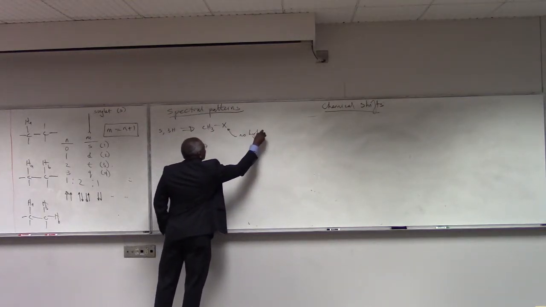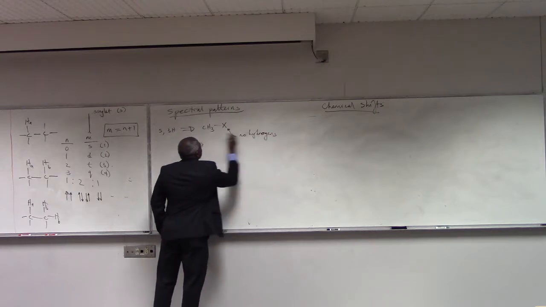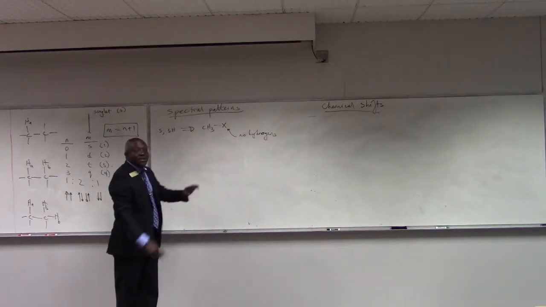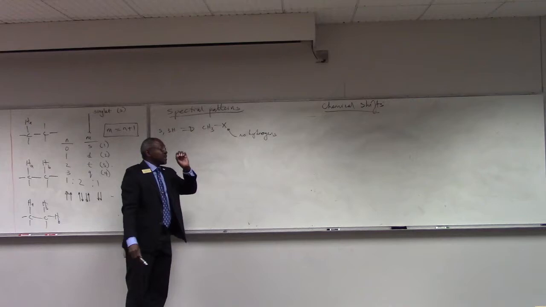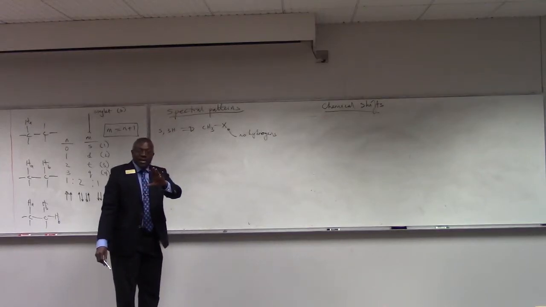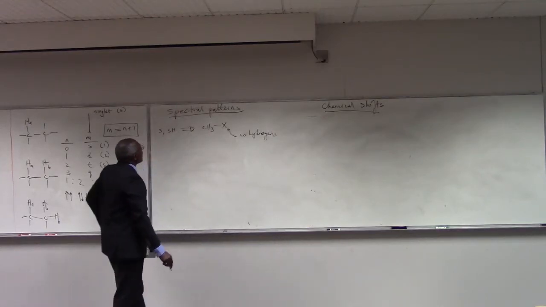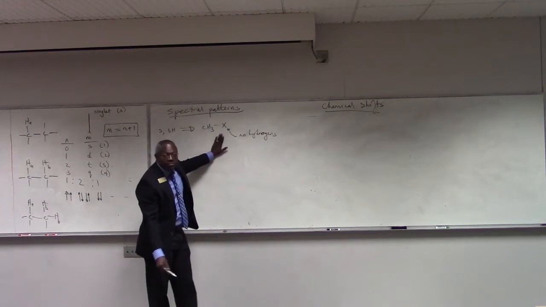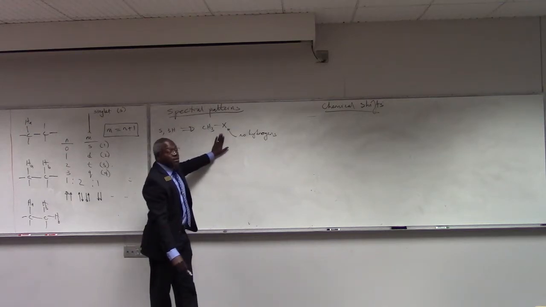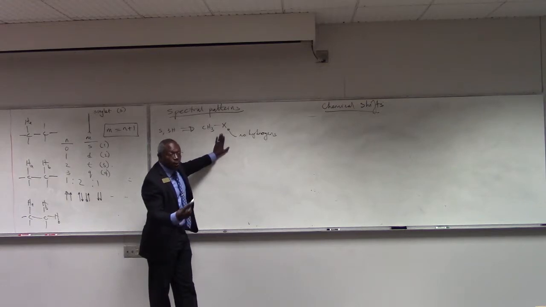I know that because if it did, this CH3 would have been split into a doublet, triplet, quartet, or multiplet. This X could be a carbon that has no H's. It could be a heteroatom, like O, so it could be an ether or an alcohol and so on.